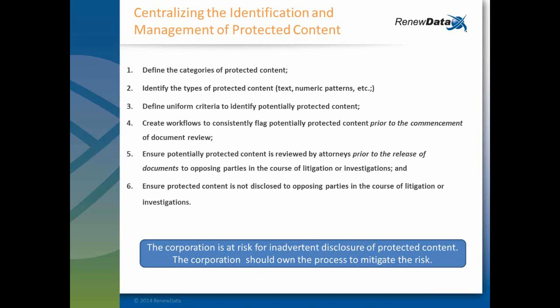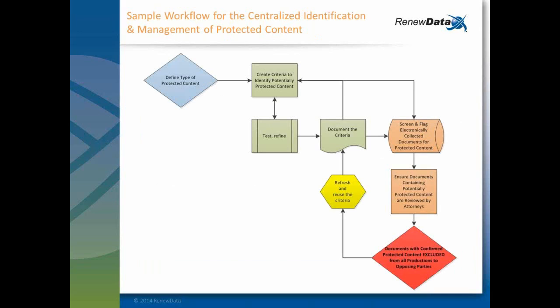But the first step is to define the types of protected content that your organization is required to protect, whether it be confidential supervisory information, suspicious activity reports, PII, state-related regulatory information, or a variety of other requirements that you may have.